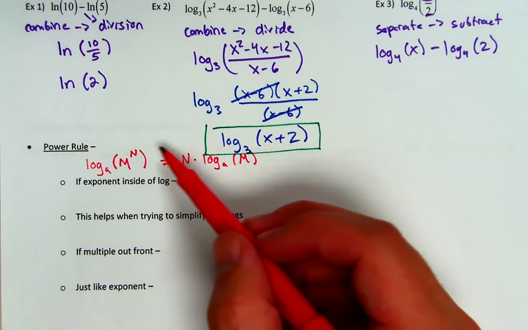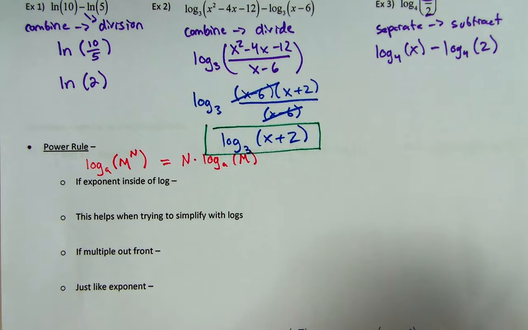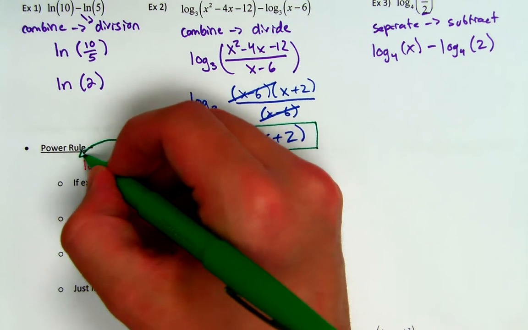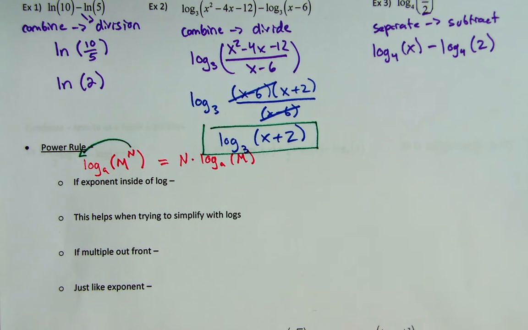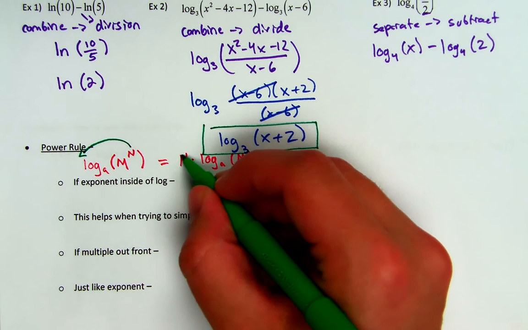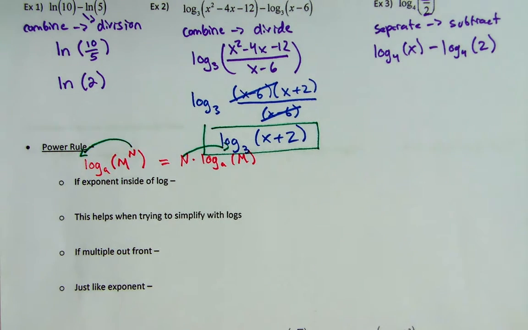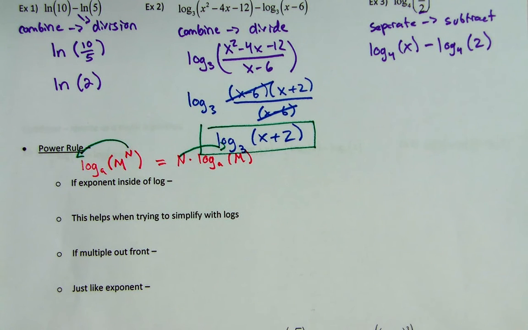So basically a power just comes and it swings on down in front. That's all the power rule is saying. Or I can take the power and I can put it back up. So if there's an exponent inside of a log, you can pull out an exponent out front by multiplying.